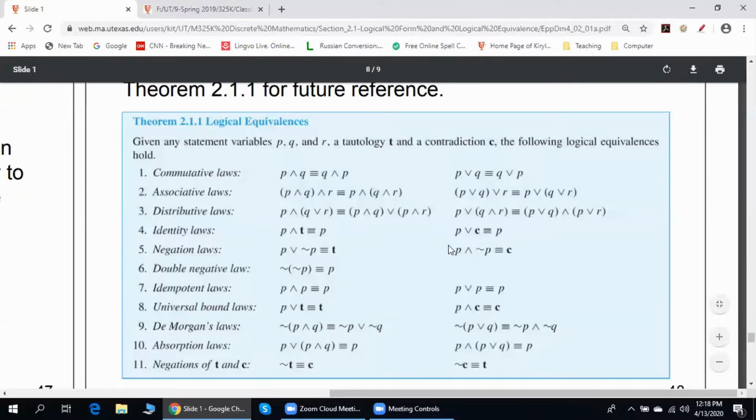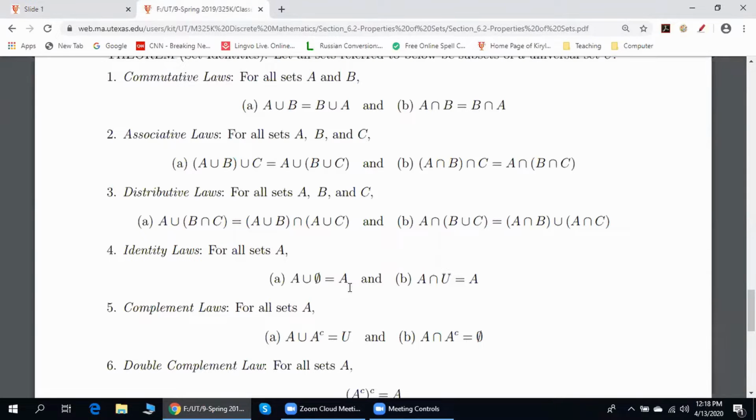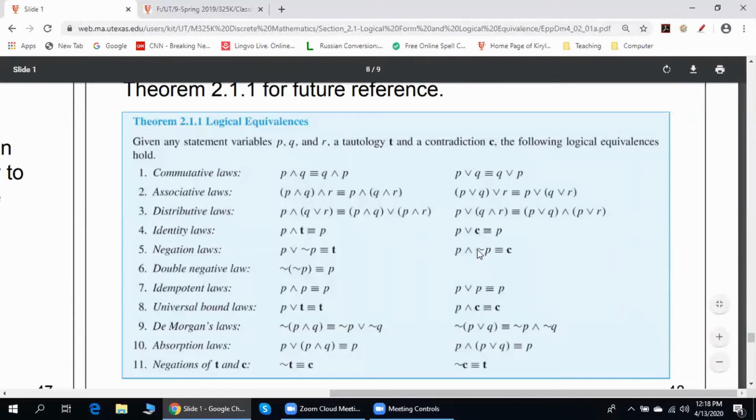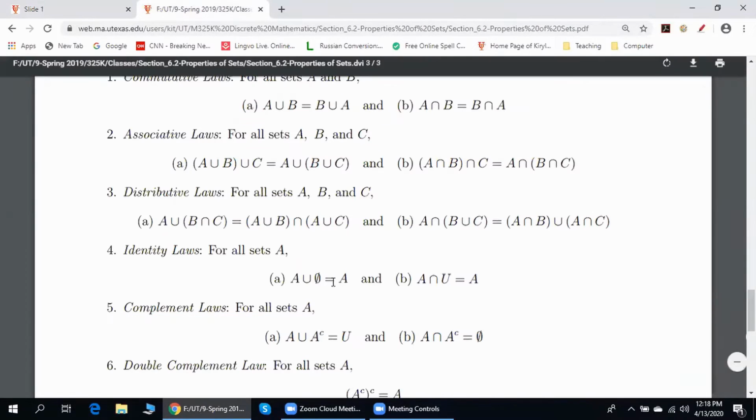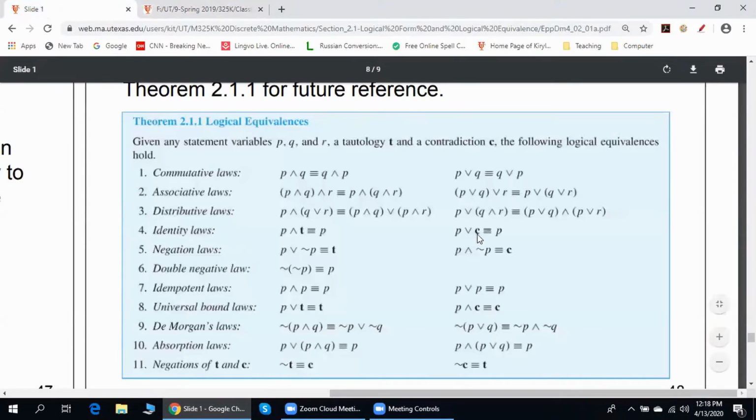Now let us compare this and this for A. It looks like union plays a role of a logical OR, and the empty set plays a role of contradiction.